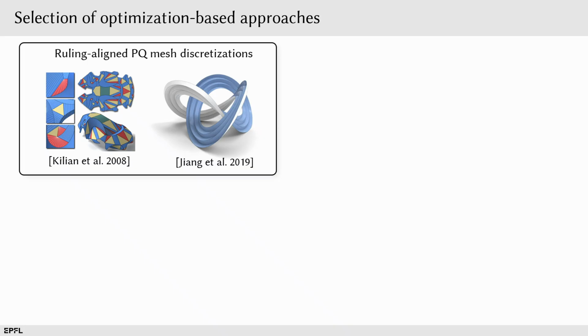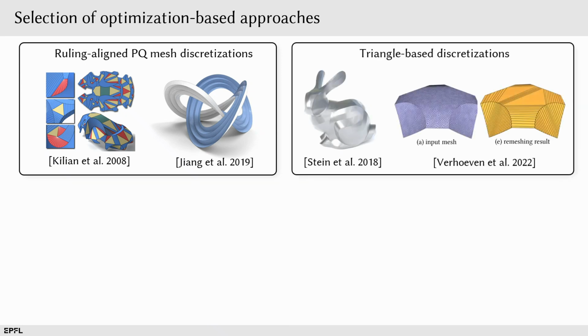To address these limitations, there have been other approaches. For example, triangle-based meshes, here exemplified by the stripified body by Stein and co-authors, used a variational approach to drive a triangle mesh into this piecewise developable shape. Also here, a method to then retrieve the rulings from this discretized shape was presented recently by Verhoeven and co-authors.